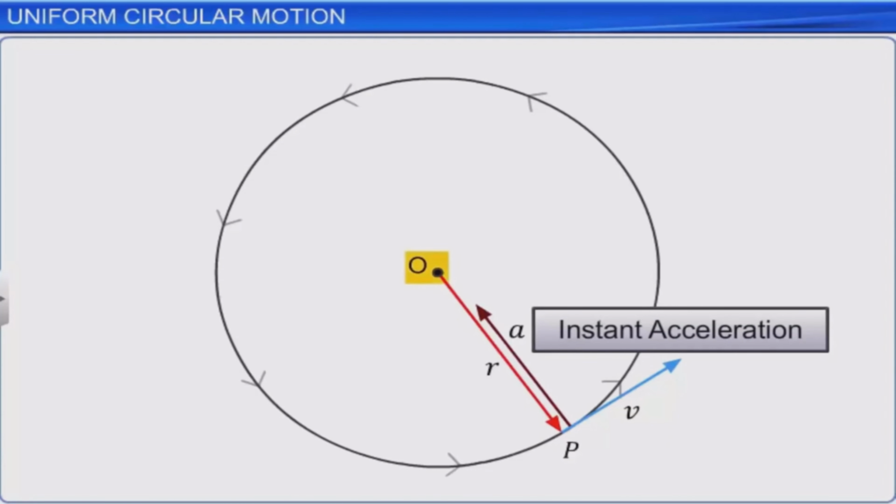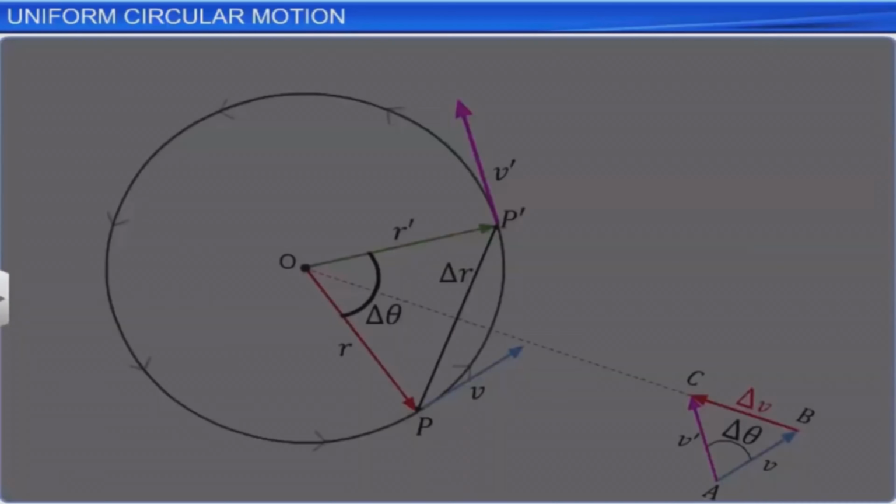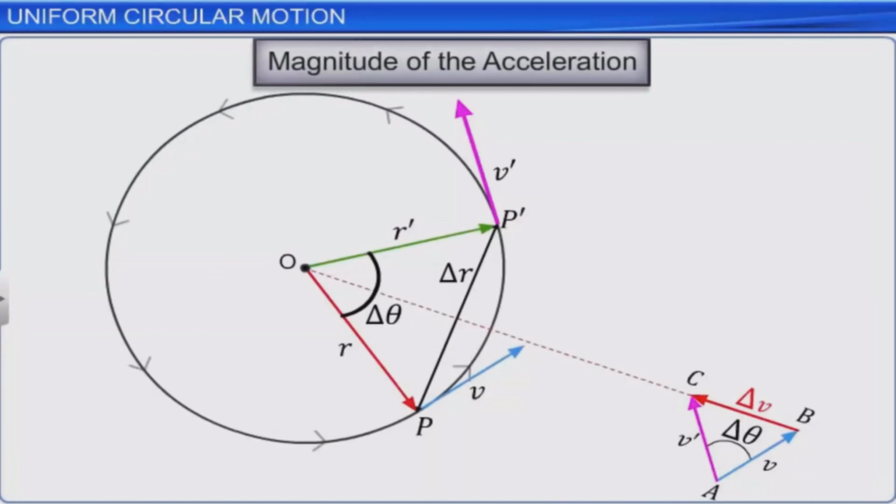Now let us find the magnitude of the acceleration. As you know, the angle between r and r' is delta theta. As v and v' are perpendicular to r and r', the angle between v and v' is also delta theta.